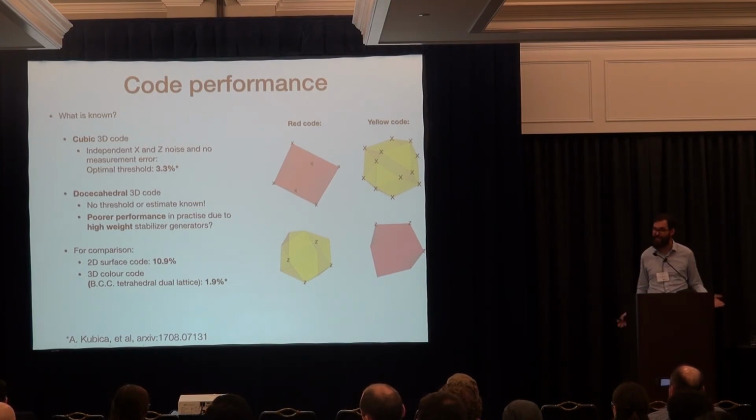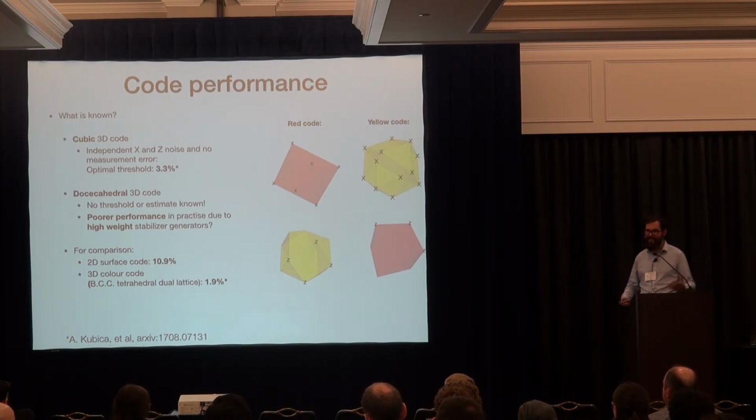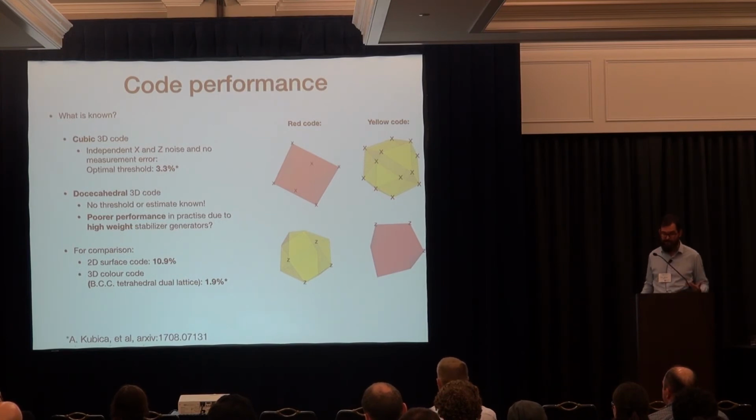But that work had been done, and the authors of this paper were kind enough to translate the results in those papers into language that quantum information people can understand in the introduction to their paper. So from that, I learned that the optimal quantum error correction threshold for the cubic surface code, for the 3D surface code on a cubic lattice, is about 3%, which is reasonably high.